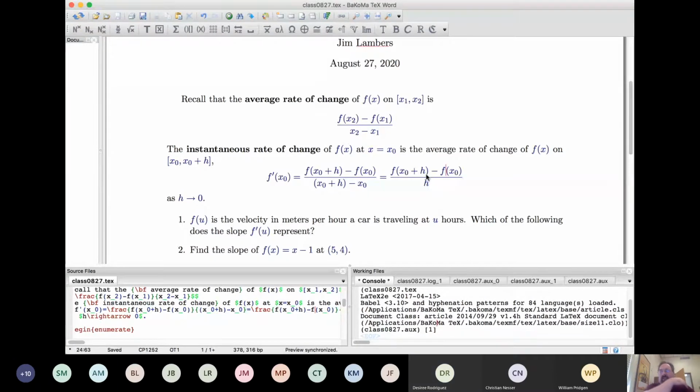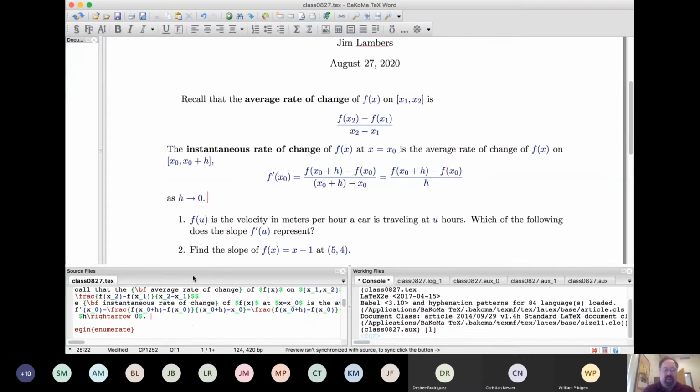What is the actual expression you get that is undefined? Because the fraction would be over 0. It is over 0, but what else? But what is the whole expression when you set h equals 0? Yes, you have 0 in the denominator, but what else? Oh, would it completely cancel out because the 0 in the top would make it f of x minus f of x? You do get 0 up top. So what you have is not just something over 0, you have 0 over 0.